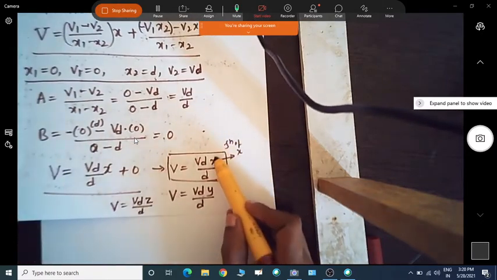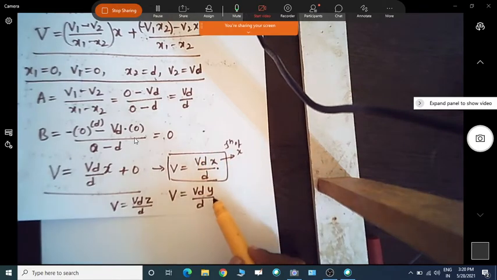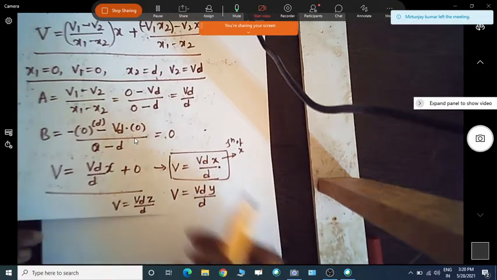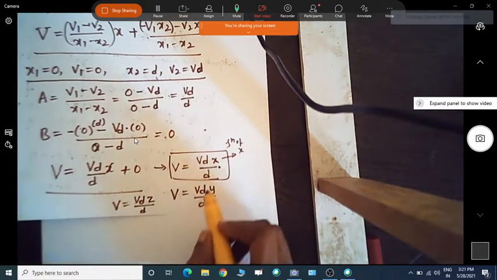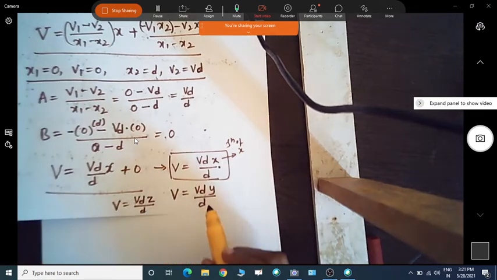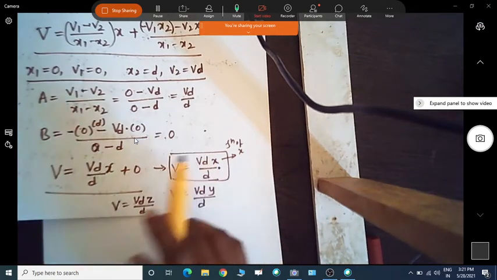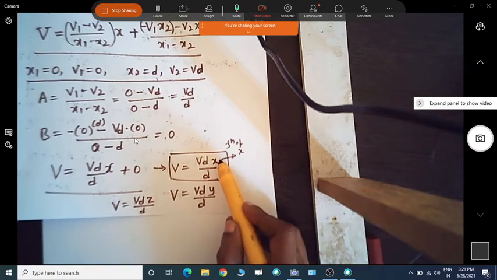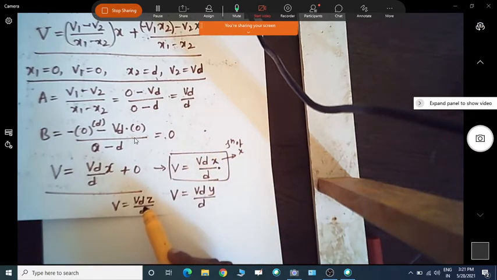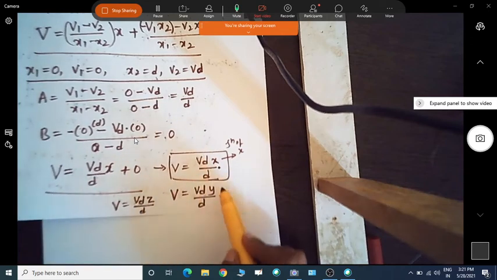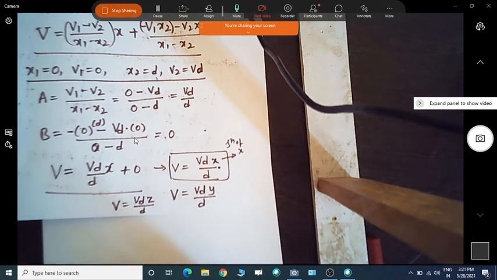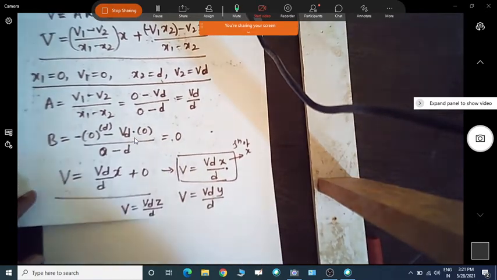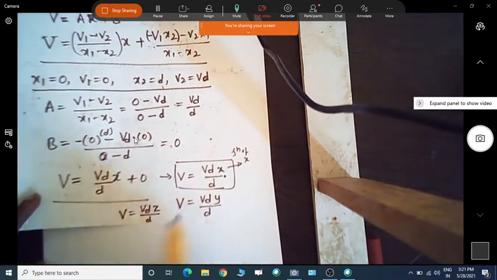So this is in the Cartesian coordinate system. If I take it as a function of x, it will be this expression, similarly for y and z. Since they are associated with x, y, z in the coordinate system, at a time we can take only one dimension, because we are solving with respect to one dimension. Either we can take dependence on x or y or z, and solve for the potential function. So this is the electric potential expression.